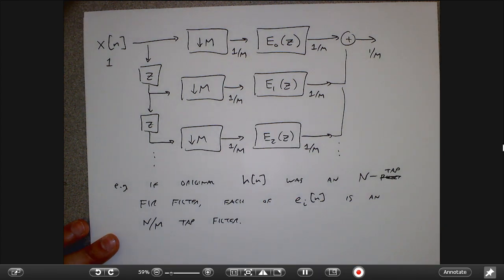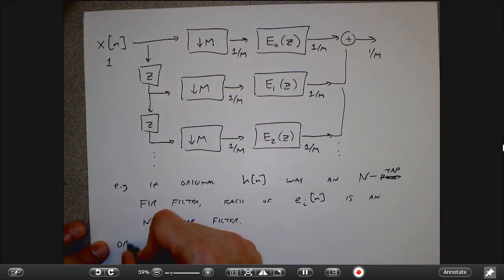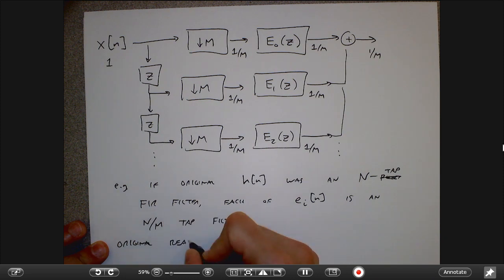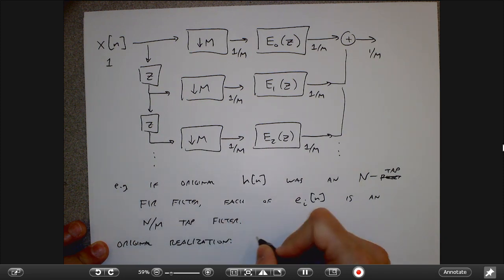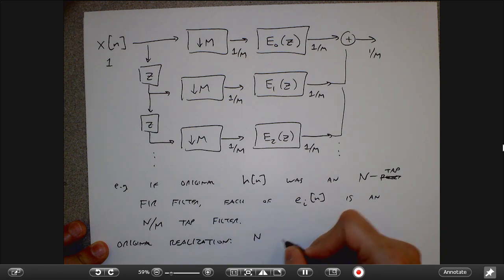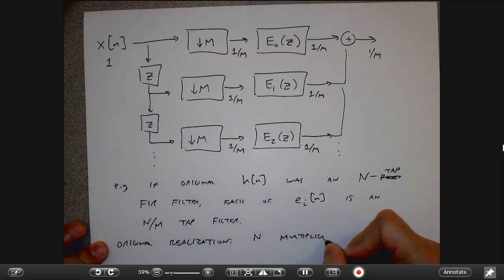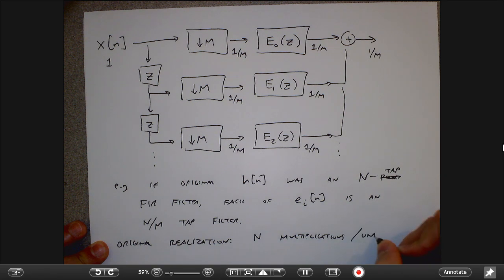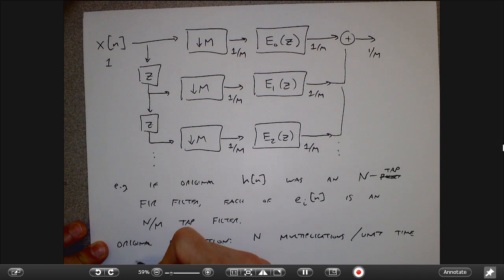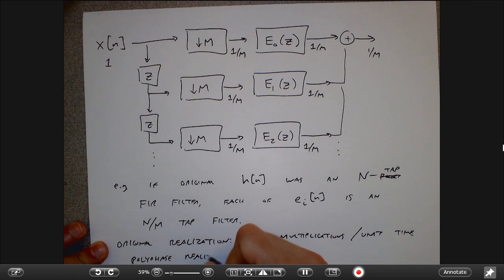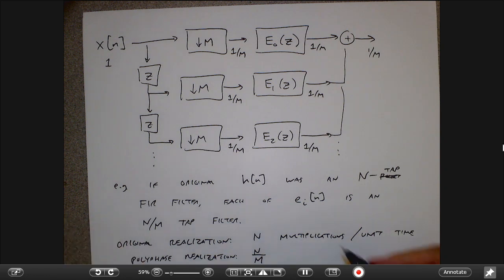And so my original realization would involve N multiplications per unit of time, and my polyphase realization would involve N over M multiplications per unit time.